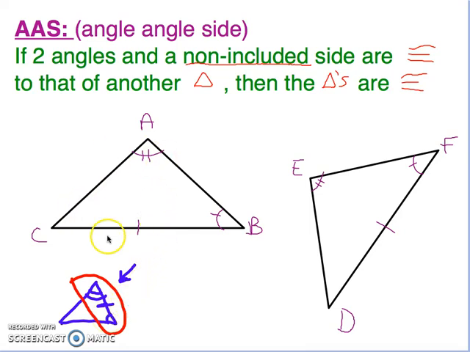If it looks like this up here, this one is angle, angle, side. The two angles that are marked do not have the side included between them. So that's why it's angle, angle, side versus angle, side, angle.